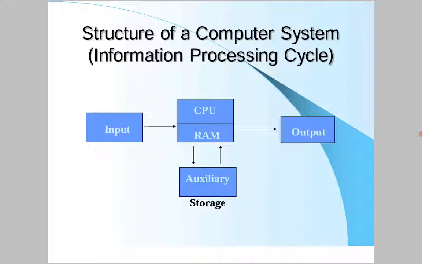So basically 4 units are there. This is called the structure or block diagram of a computer system. It contains 4 units: input unit, output unit, CPU or central processing unit, and storage unit.